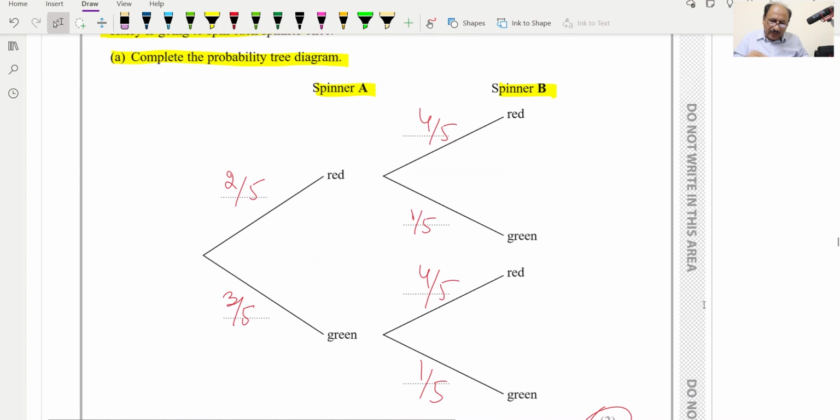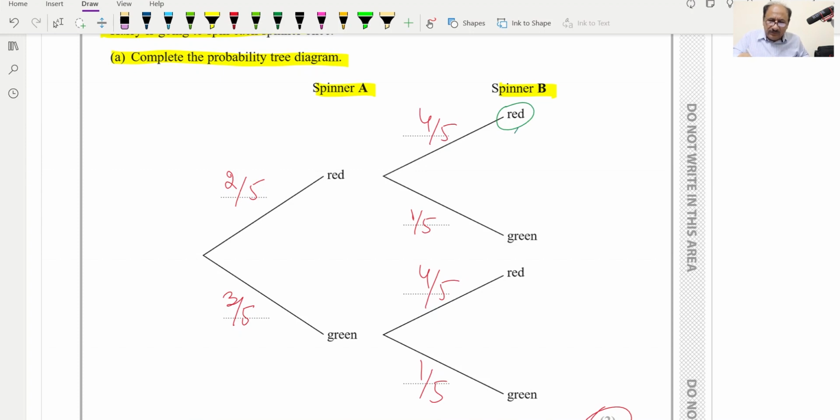You can add, for example, this multiplied by this, and this multiplied by this, and then this multiplied by this, all three. Or what we can do, we can exclude only red and red. This route we can exclude from one, and we will get the probability of at least one green.